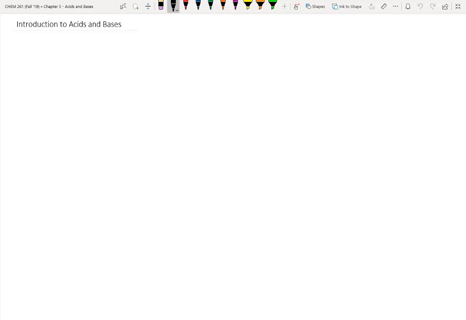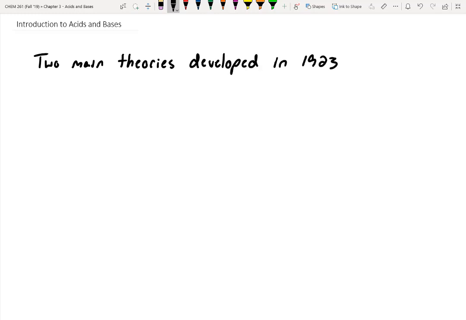So let's first talk about the two theories. Interestingly enough, both of these theories were developed in the same year, about 1923. Does anybody remember the two main acid-base theories?